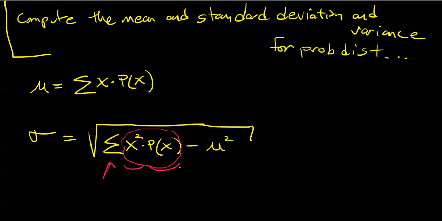Once I've got that value, I subtract the previously computed mean squared. So much like in computing SD from raw data, when you compute the SD from a probability distribution, you have to know the mean to do it. Unfortunately, our calculators are not pre-programmed to handle these two formulas, so you're going to have to grind them out by hand, and I'll show you how in a column fashion right now.